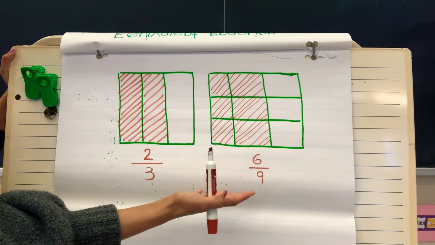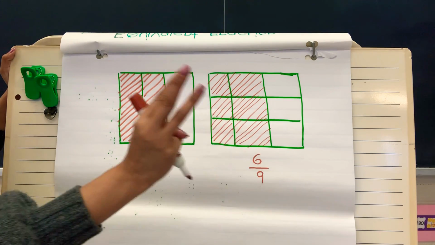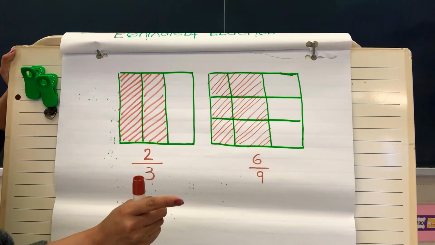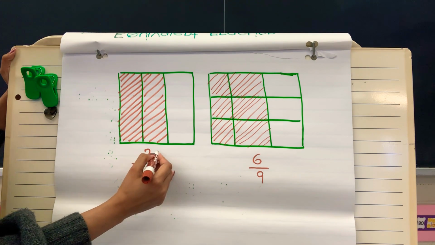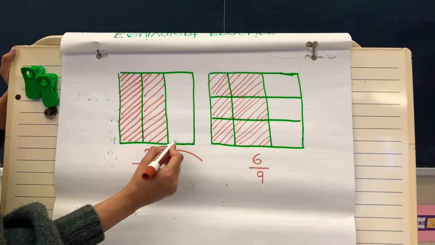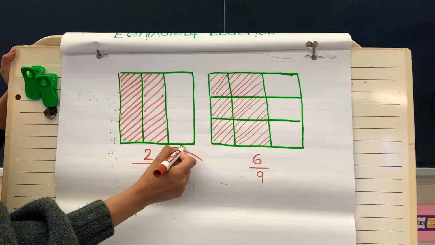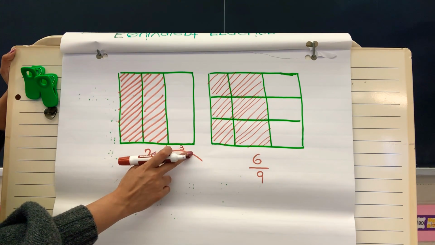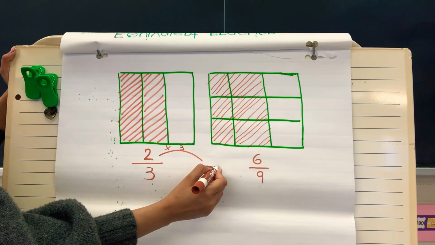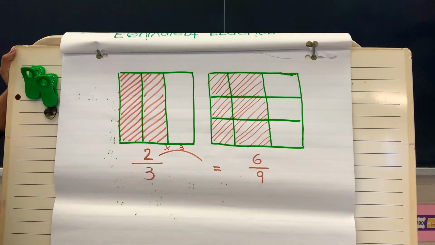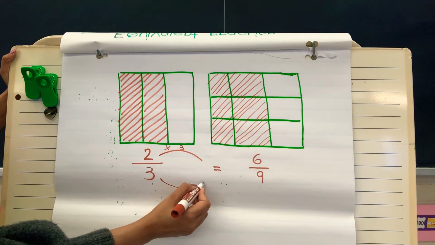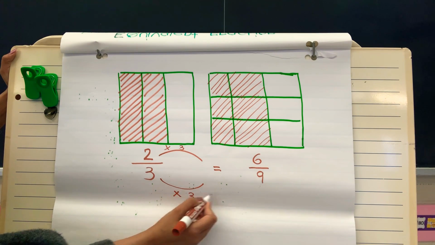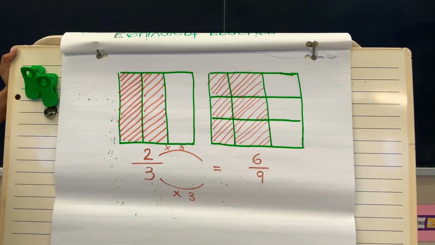But this time I went further and I tripled it up, which means I multiplied my 2 by 3. So 2 times 3 gives me 6. And 3 times 3 gives me 9.